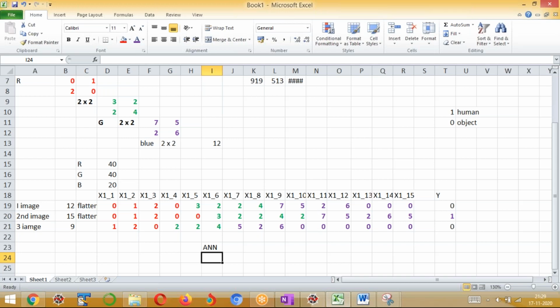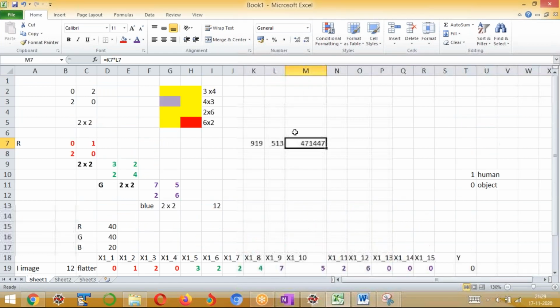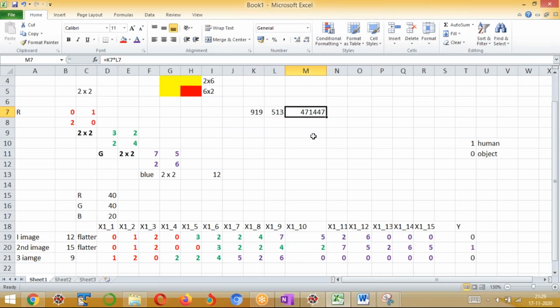Why? Because it is high dimensional. Look here. In the previous example, how many columns did we create? The Eiffel Tower size 919 by 513. So how many pixels are there? 471,447 pixels.